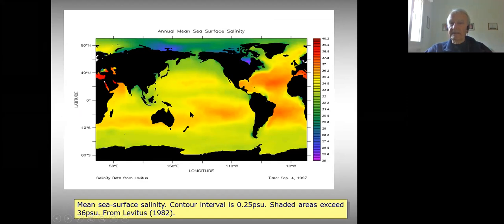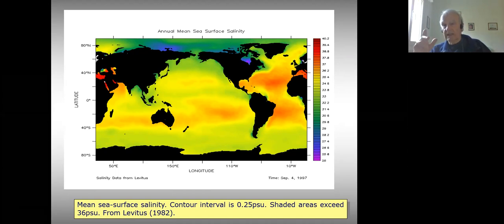You have a relatively high salinity in subtropical areas here and there, and these high salinity values correspond to positive E-P values. What does that mean? That means that evaporation is larger than precipitation. So the loss of fresh water is higher than precipitation.